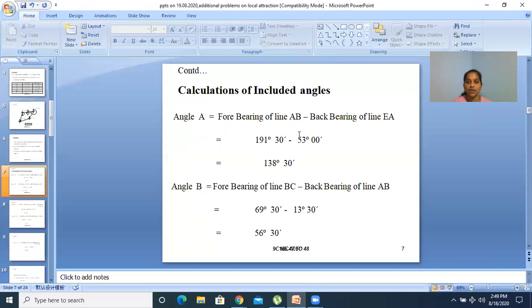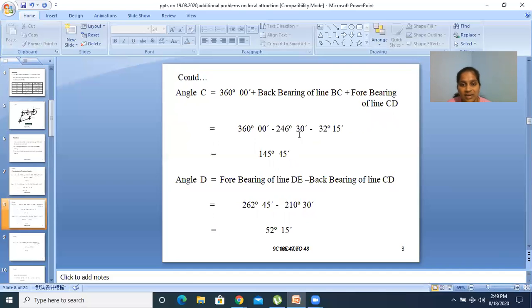You know that. So angle A is equal to 191 degrees 30 minutes minus 53 degrees, so that is 138 degrees 30 minutes. Angle B, 56 degrees 30 minutes. Angle C, 145 degrees 45 minutes.